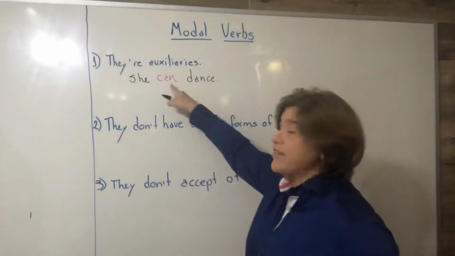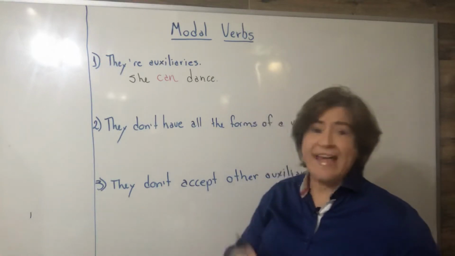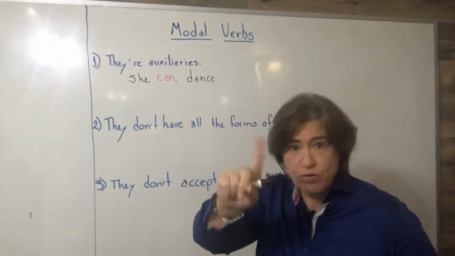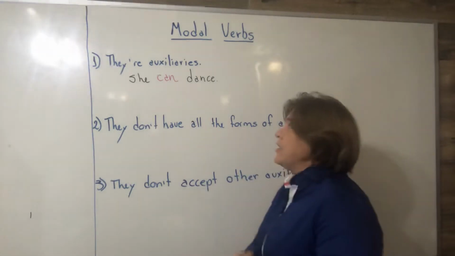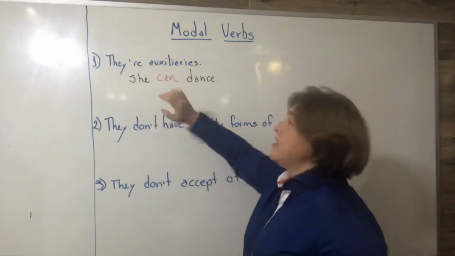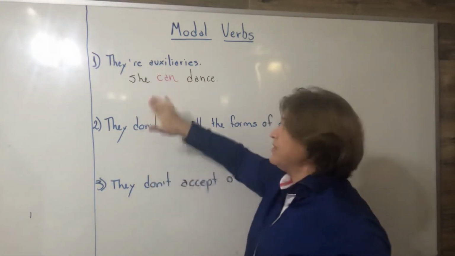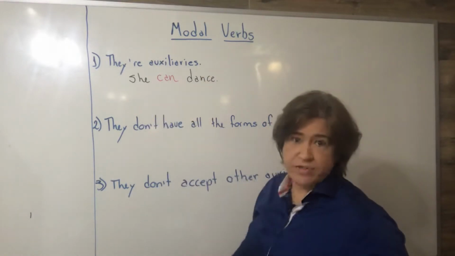And remember, can is a modal verb. So auxiliary and verb at the same time, no to, okay? But anyways, we are talking about auxiliaries. So if can is an auxiliary, I can use it in an affirmative sentence just right after the person, okay?